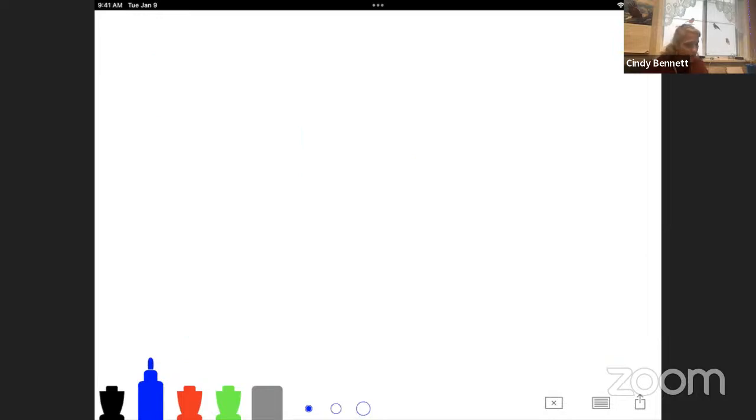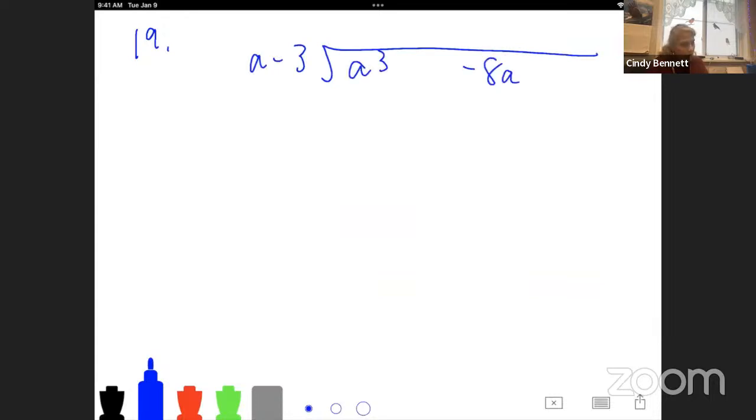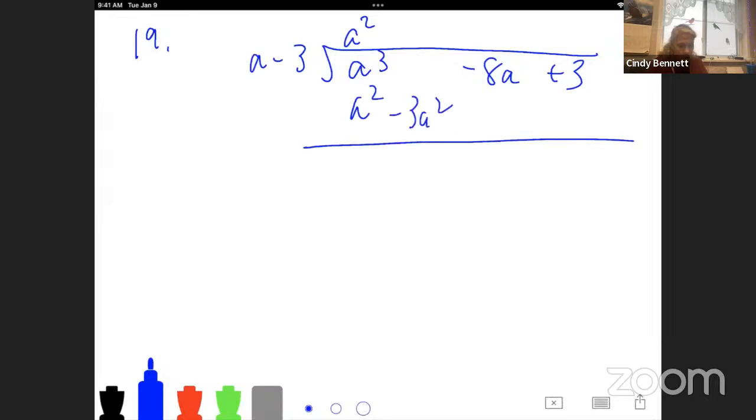Now we're on to number 19. This is a minus 3, and it's a cubed minus 8a plus 3. What times a gives you a cubed? A squared. So a cubed minus 3a squared. Change the signs. So you bring down a positive 3a squared minus 8a.